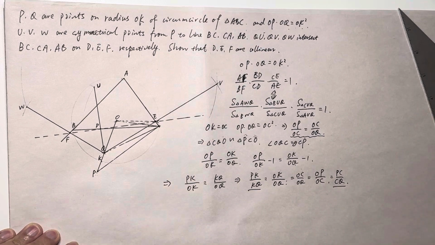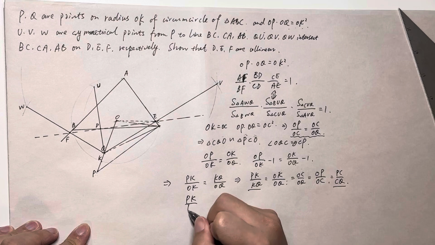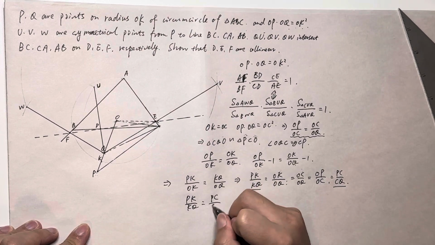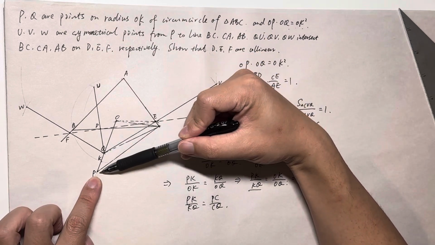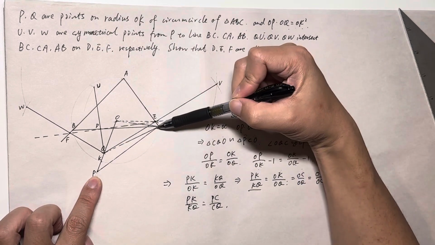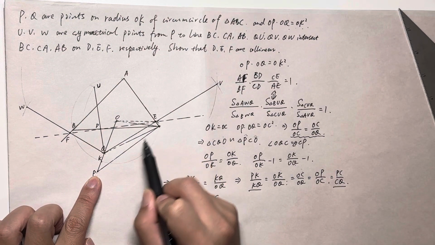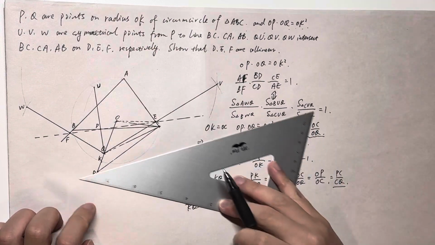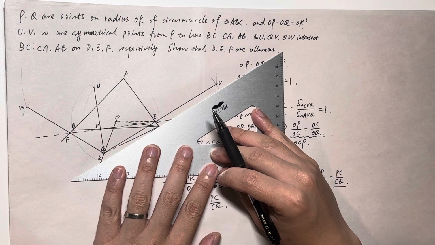Look at this. We got PK to KQ equals PC to CQ, which means CK is the angle bisector of angle QCP, right? So we can connect CK.